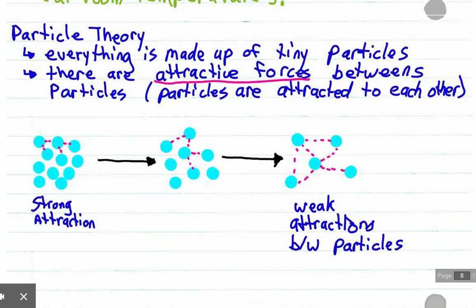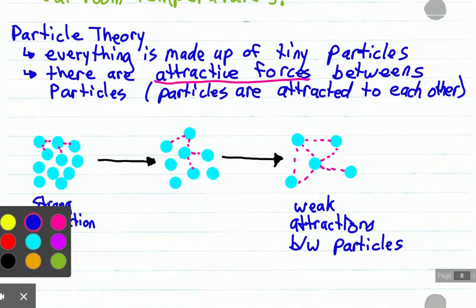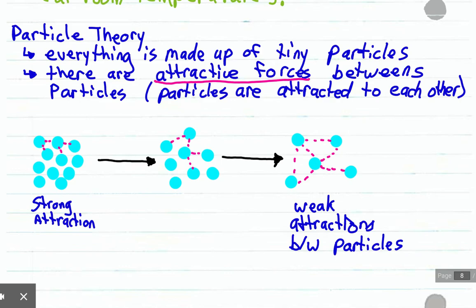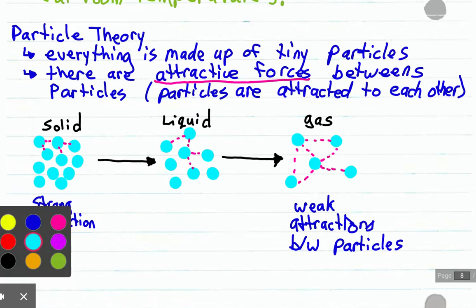So what I've actually shown you is this kind of relates to our different states of matter. Our solid has particles that have really strong attractions to them, and a liquid has particles that have kind of a medium level attraction, and our gas has particles that have weak attractions between them. And in order to move from a solid to a liquid or a liquid to a gas, those attractions need to get weaker, or they need to break apart.